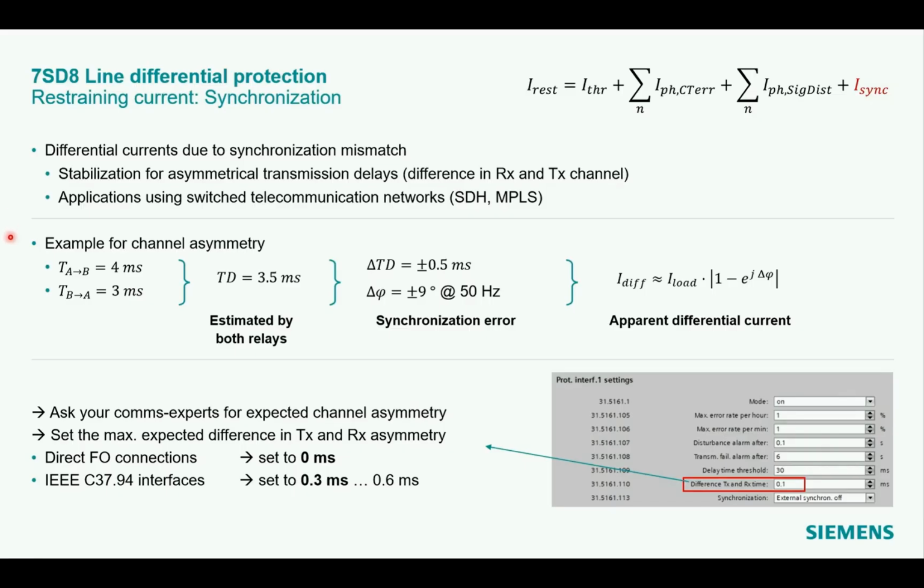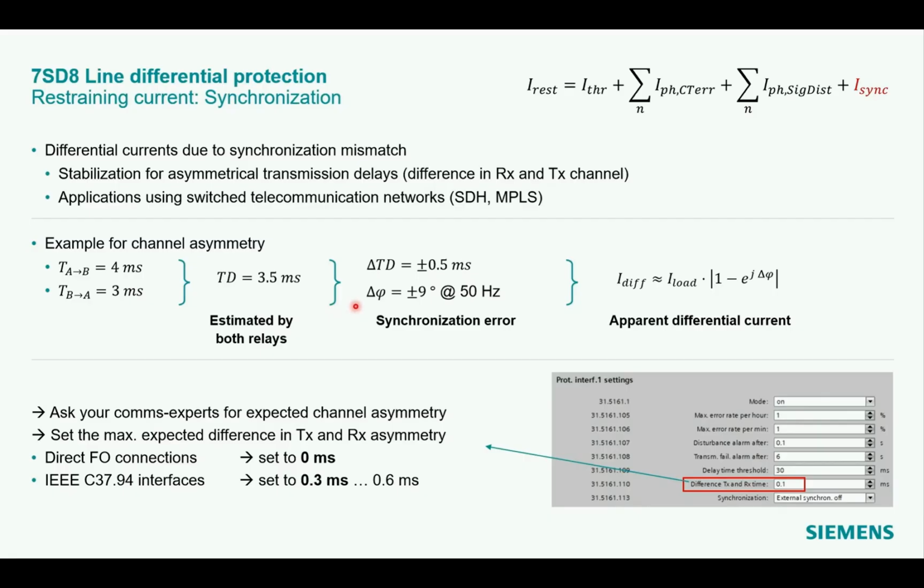Let's look at the example. We consider a channel delay from relay A to B to be 4 milliseconds. On the return path, B to A, we have a 3 milliseconds delay. The ping-pong method applied in both relays calculates an average channel delay TD of 3.5 milliseconds.